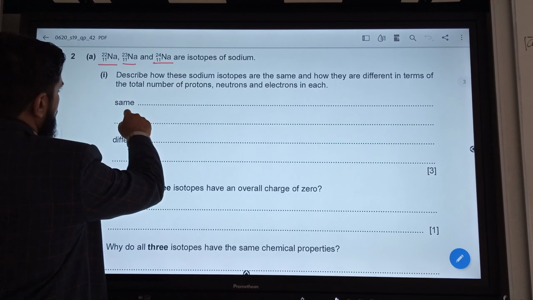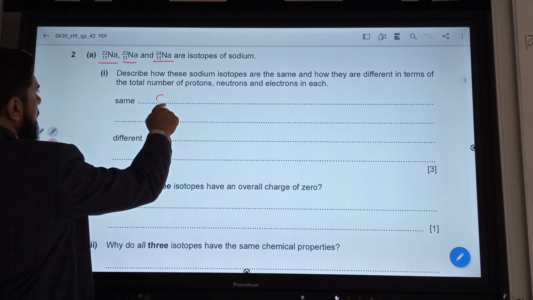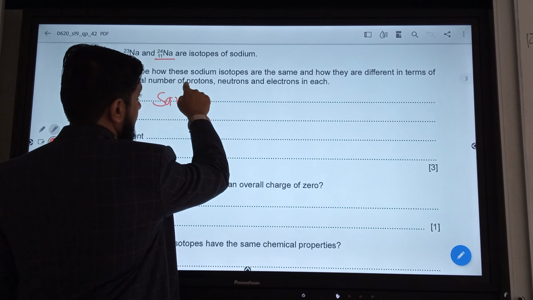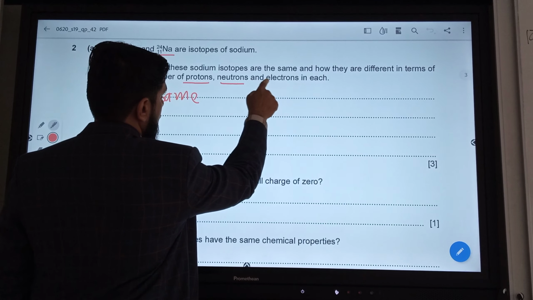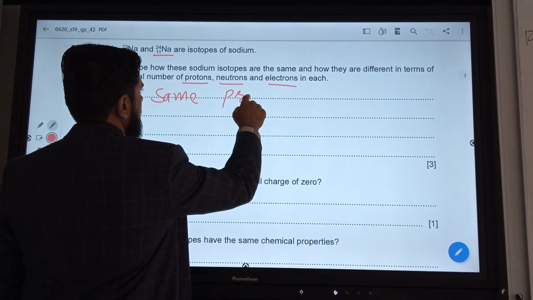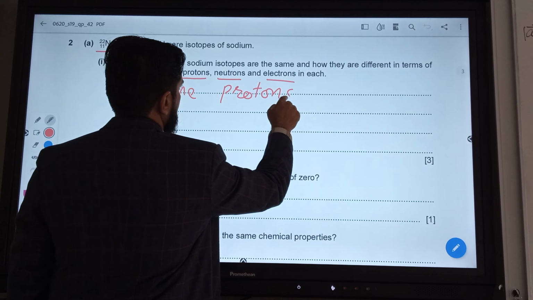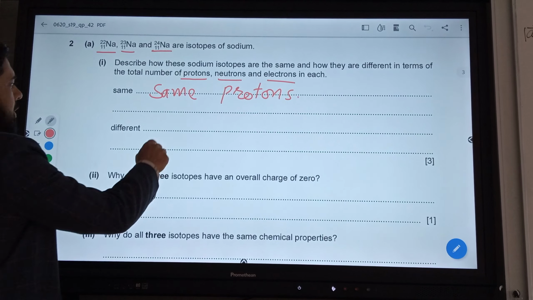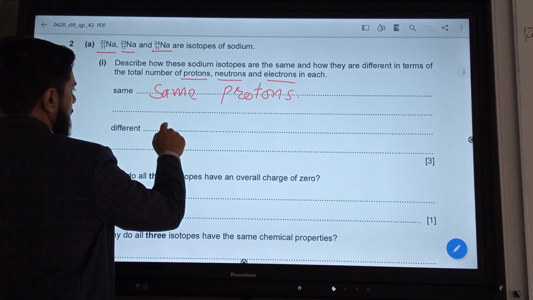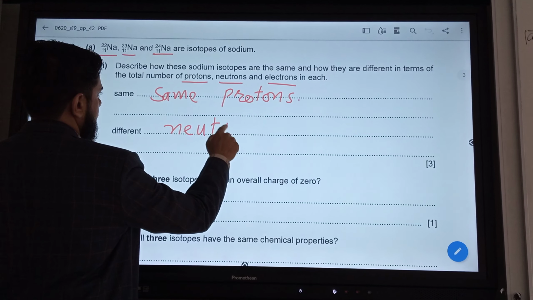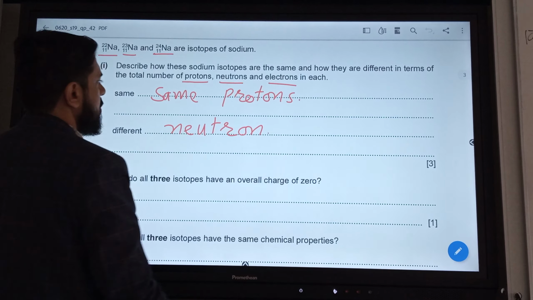We can easily say what similarity we have: same atomic number, or as he clearly mentioned, you have to answer according to these. So I'm just writing same protons. How are they different? Different nucleons. Different neutrons. Just write neutrons.